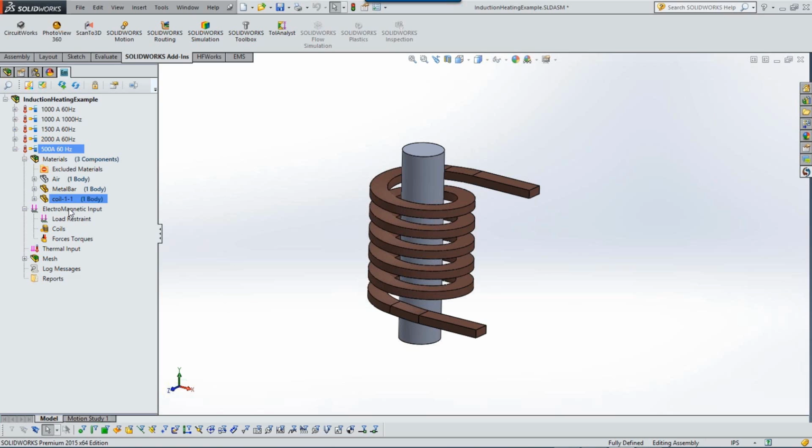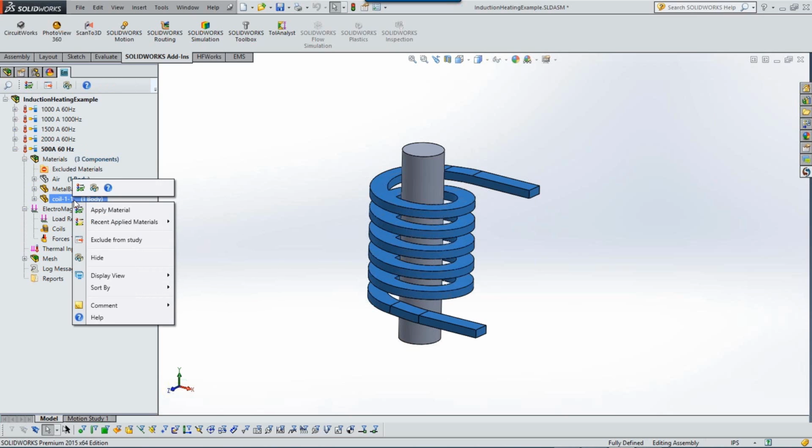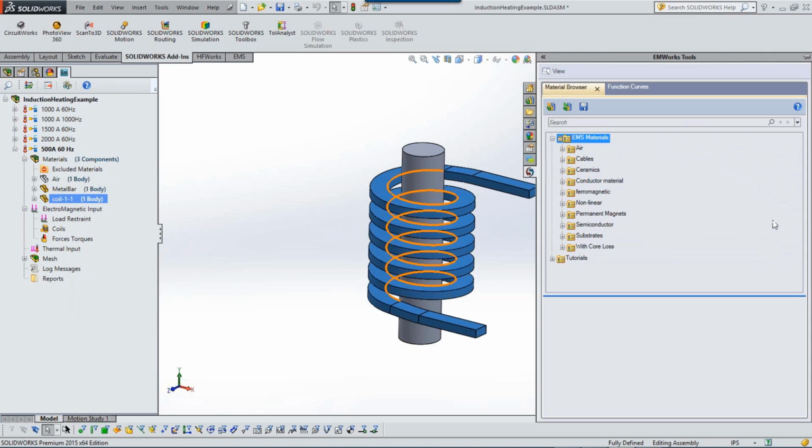Once the study is created, the next step involves defining what are called materials. For example, I have a coil here and I would like to assign it copper. So I go ahead and apply materials, and EMS comes with a prepackaged material library that you see here on the right side of your screen that has all the commonly used materials.